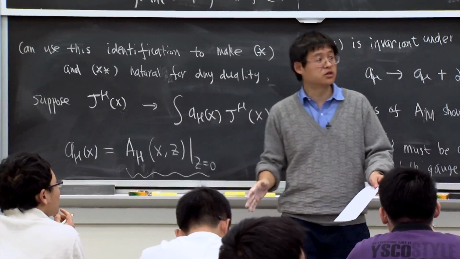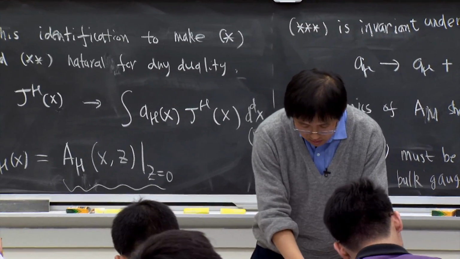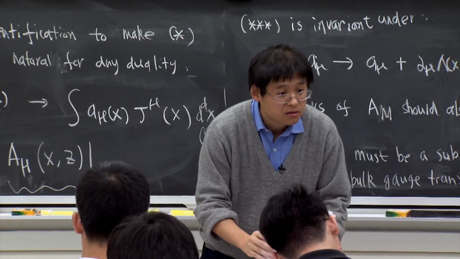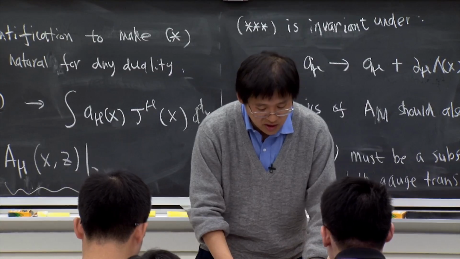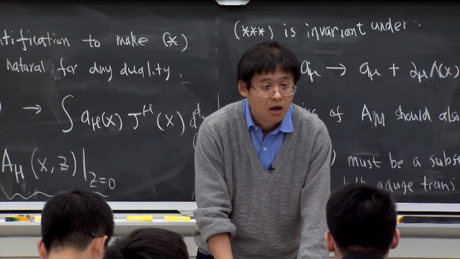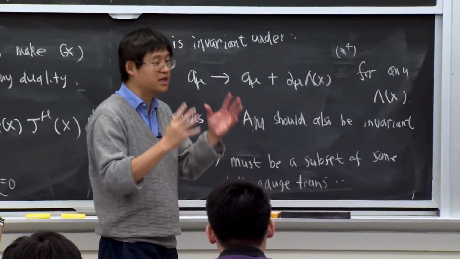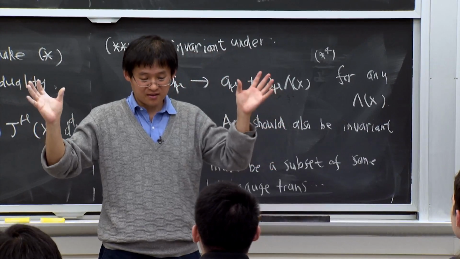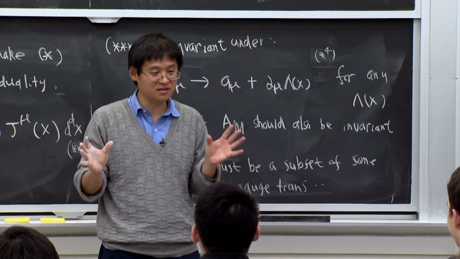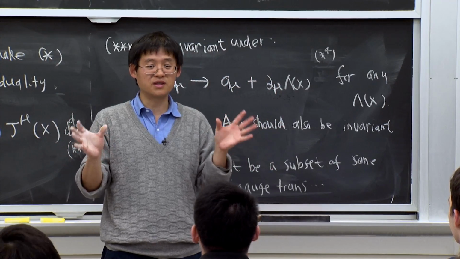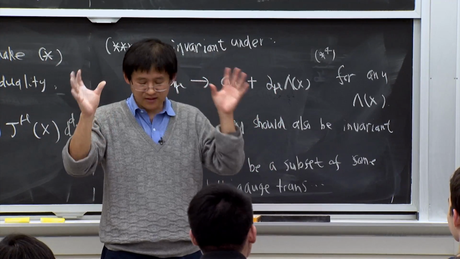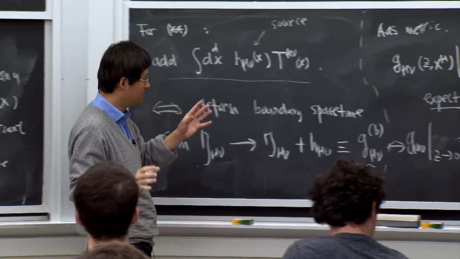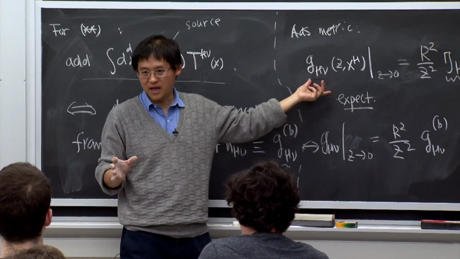This is a very general statement, valid for any correspondence between gravity and field theory. It also tells you that if you have a field theory dual to a higher dimensional theory, and the field theory has a stress tensor, then this bulk theory must have gravity, because it must have a dynamical metric.